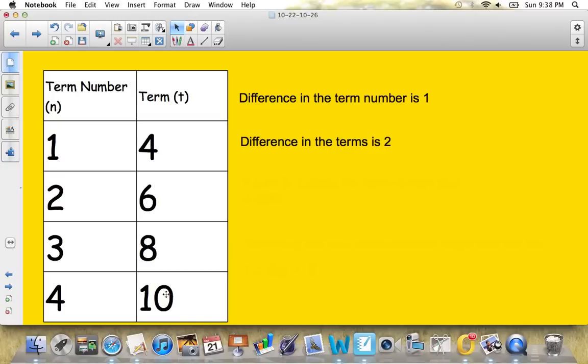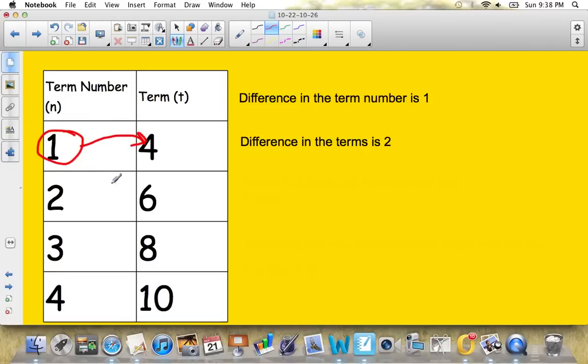Now, when I express my pattern, or when I say what's my relationship, I'm not going to say the difference is plus 2. That's not how I want to show it. I want to know, how do I go from here to here?